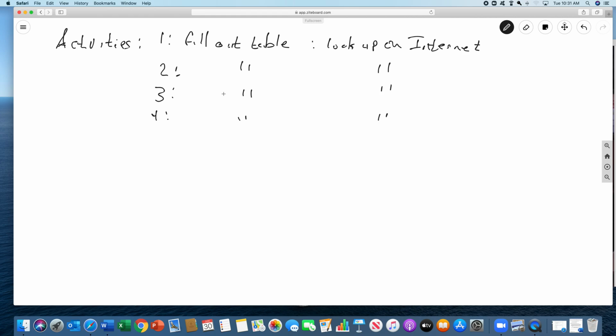Now, let me go through the other activities. These ones there are videos for, but I'm going to give you a little bit of background that'll help you with these. All right, so activity 5, and like I said, I made kind of cheesy videos. These are chemical changes, and all I did is I did them so you can see what they look like. So activity 5, the one thing I'm going to give you is that you're asked to write down observations, and then you have to write a balanced chemical equation.